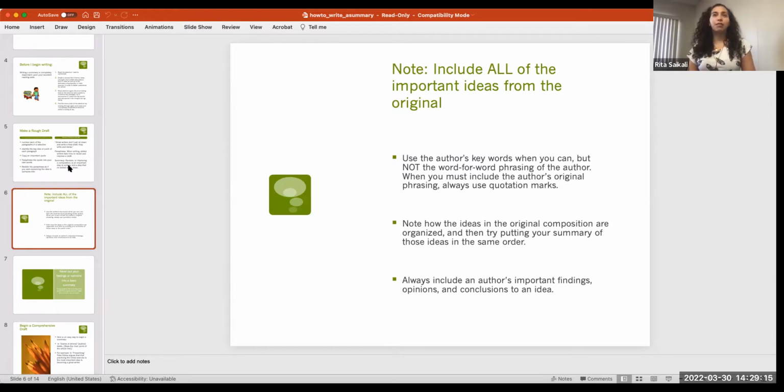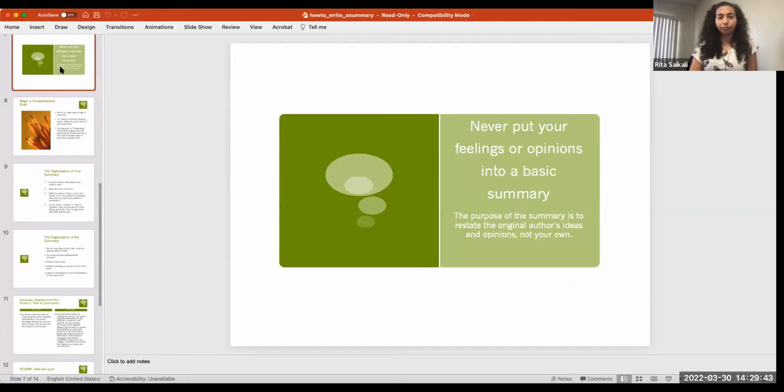Okay, so if the author talks about dogs and then cats and then horses, then in your summary also use dogs, cats, and horses in that order. Make sense? These are tricks that will help you take that main idea and then summarize it, or help you find what the summary is, or what this entire writing paragraph is about.